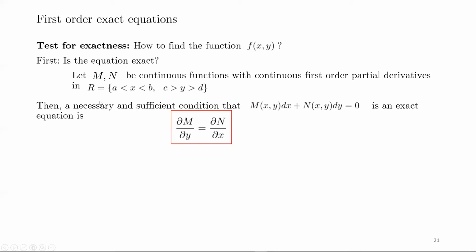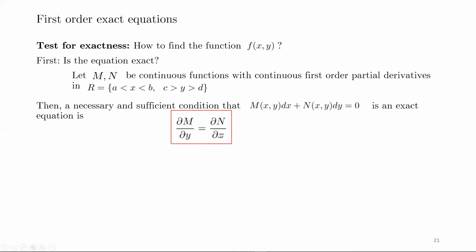Then a necessary and sufficient condition that the equation M times dx plus N times dy equals 0 is an exact equation is this relationship: the partial derivative of M with respect to y is exactly equal to the partial derivative of N with respect to x.